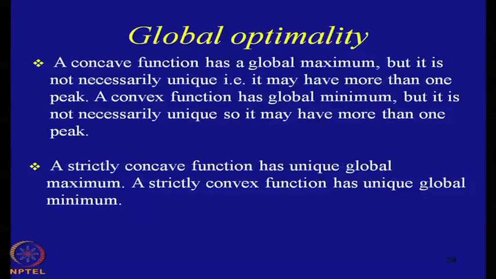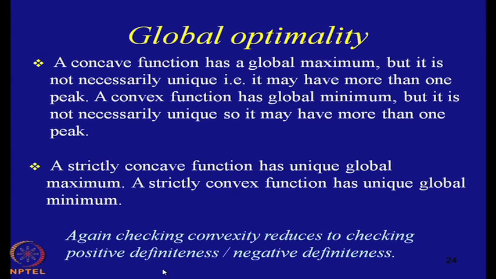For strict concave we will have the unique global maximum, and for strict convex we will have the unique global minimum. That is why, looking at the functional pattern, whether the function is concave or convex, we can say something about the global optimality of the unconstrained optimization problem.